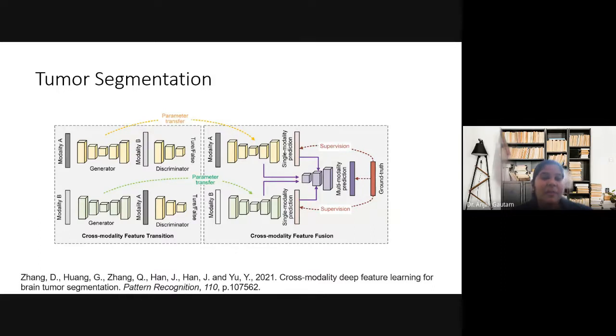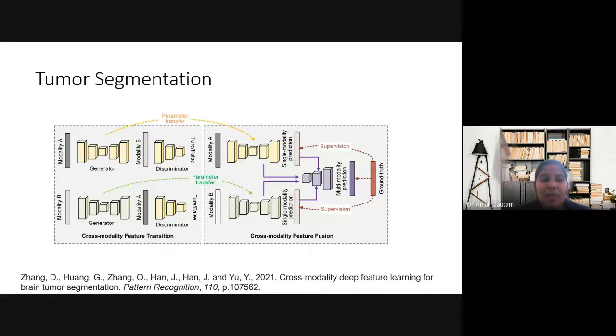The same patient can have images from different modalities. For example, if there is a tumor, the patient can go for a CT scan as well as an MRI scan. From both modalities you want to find out exactly the location of the tumor and its shape. So they have used the concept of both generator and discriminator.